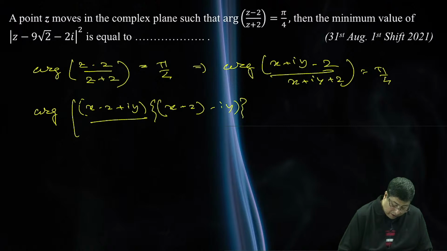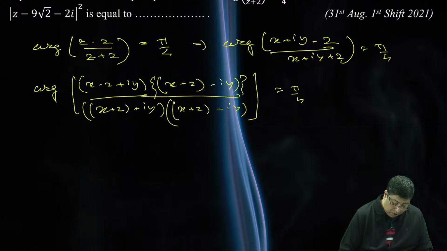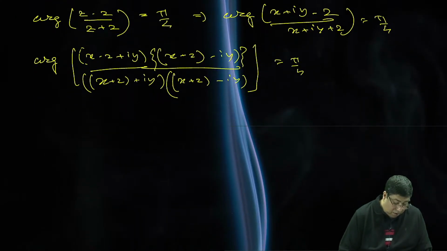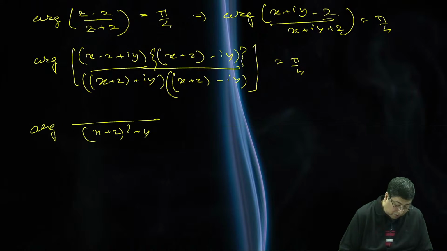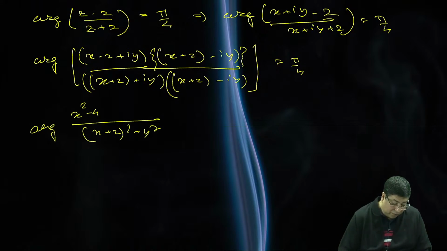Multiplying by x plus 2 minus iy, the denominator is coming (x plus 2) whole square plus y square, and the numerator is (x minus 2)(x plus 2), x square minus 4, plus iy minus iy, which means plus y square.